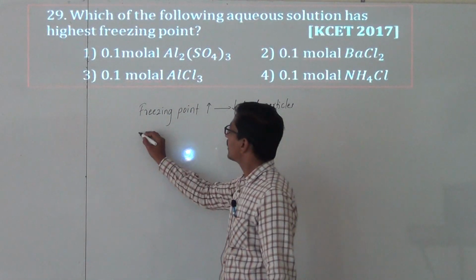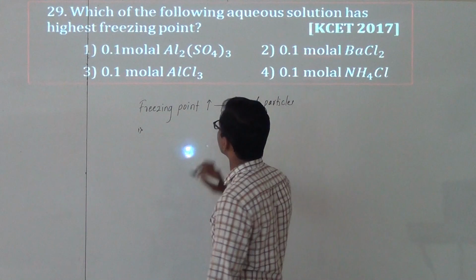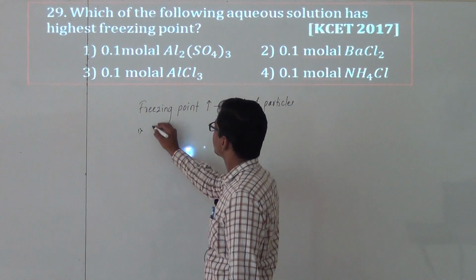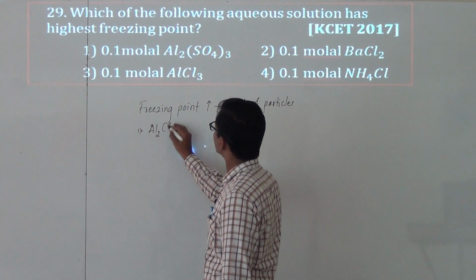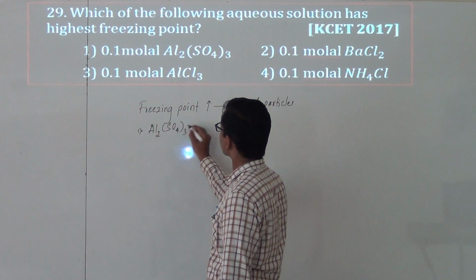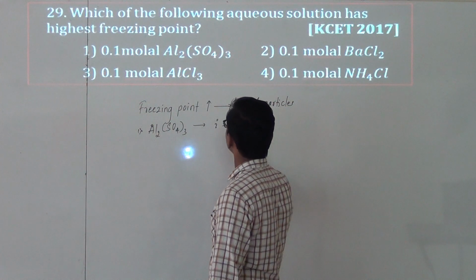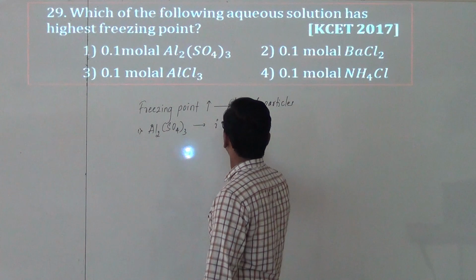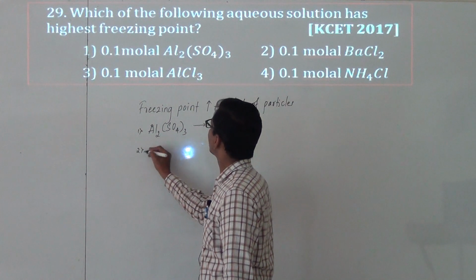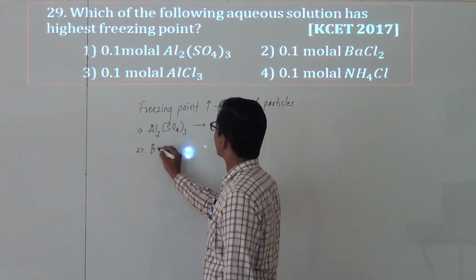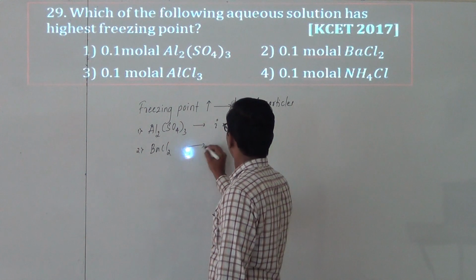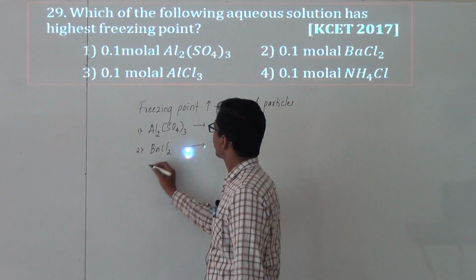Here the concentrations are the same, 1 molar solution. First one is Al2(SO4)3, i value is 5. Second one is BaCl2, i is equal to 3.